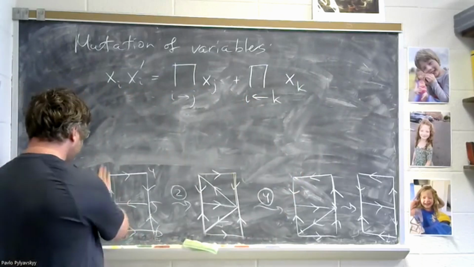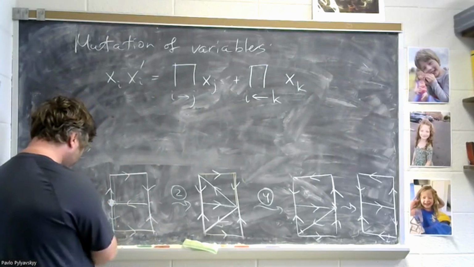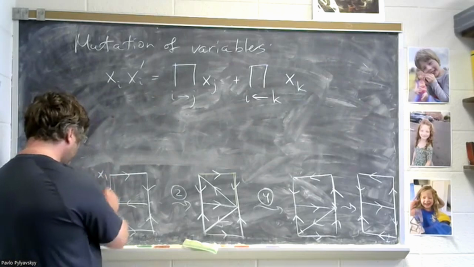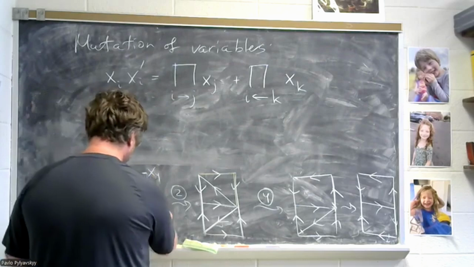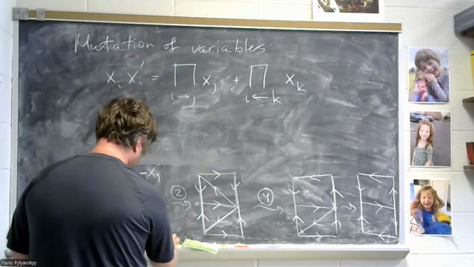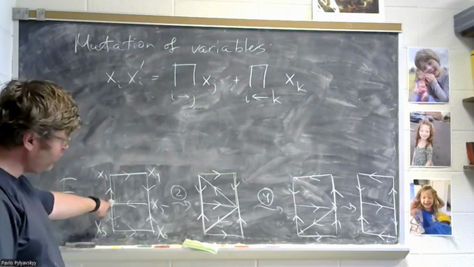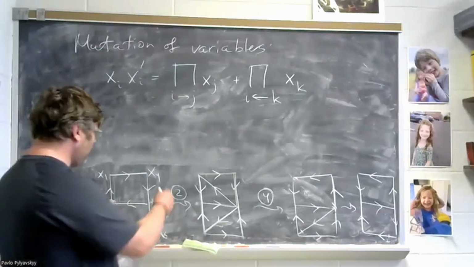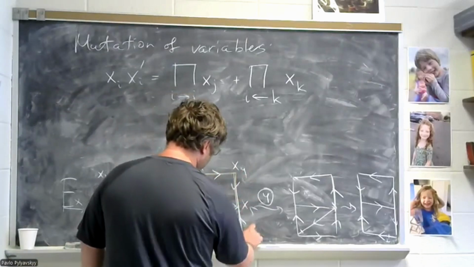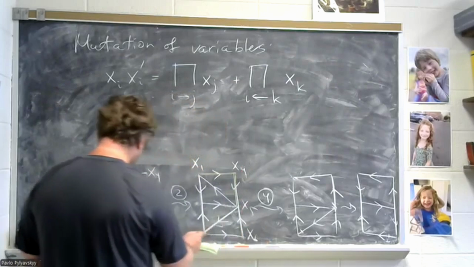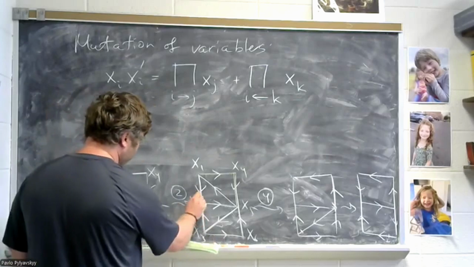So for example, if we here started with variables x1, x2, x3, x4, x5, x6, what happens, first mutation, we are mutating at vertex 2, which means all other variables stay the same, x1, x4, x5, x6, x3 stays the same, and the x2 gets replaced.